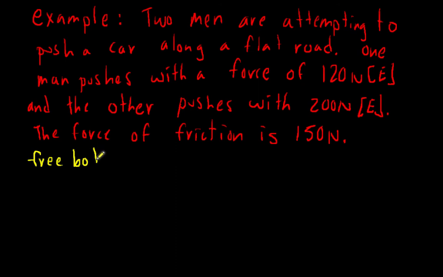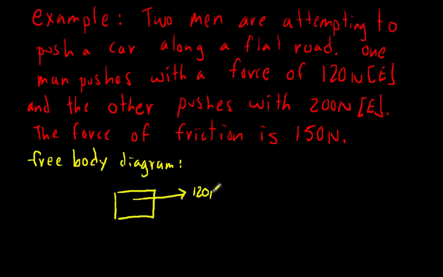We start by drawing a free body diagram. We'll draw the car as a box and draw in our two applied forces of 120 newtons and 200 newtons to the east. Now we know friction will oppose the motion of the car, and it will oppose these two applied forces. So we draw it in the opposite direction, 150 newtons to the west.